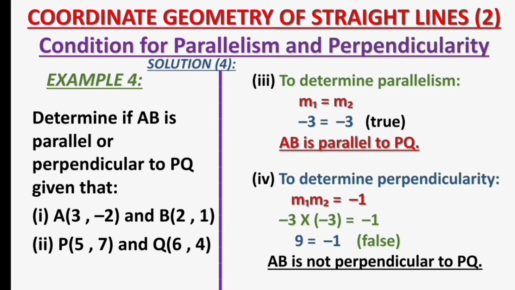To determine perpendicularity, m1 times m2 should be equal to minus 1. We can see that if m1 is minus 3 and m2 is minus 3, multiplying m1 and m2 will give us 9, which is not equal to minus 1. In other words, the line AB is not perpendicular to line PQ. I hope the solution to example 4 is clear to you.